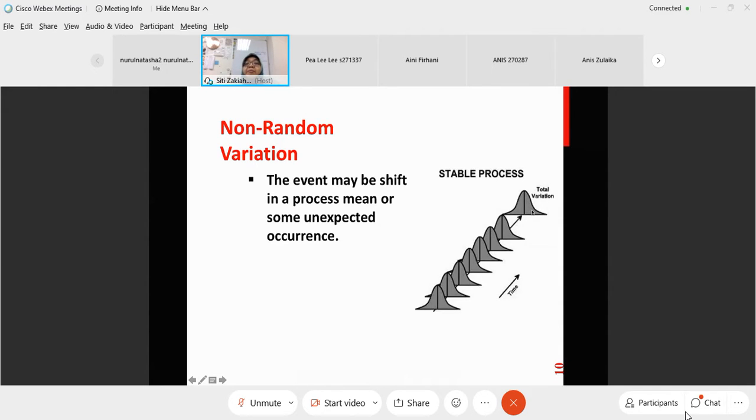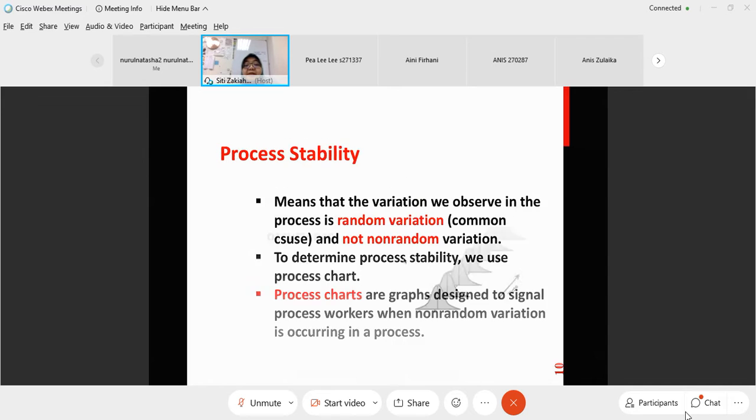So, apa yang kita nak tengok from SPC ni, kita nak identify non-random variation. Random variation tu kita tak usik dah, pasal kita tahu memang kita tak boleh control random variation.